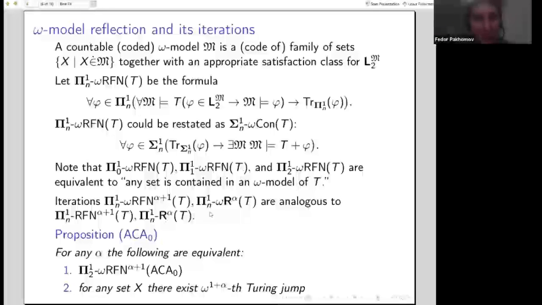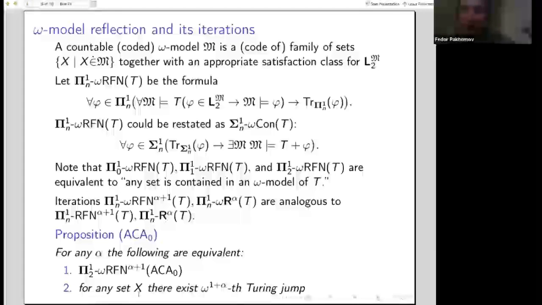Namely, alpha plus 1 iteration of omega model reflection is equivalent to the axiom that for any set X there exists omega to alpha plus alpha's Turing jump of X. If one thinks about it, it's a very intuitive fact.